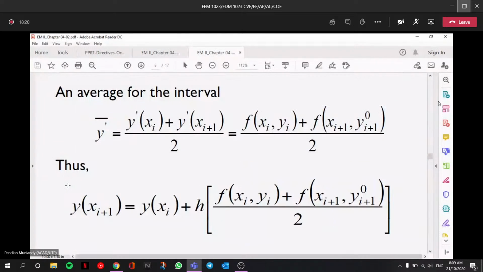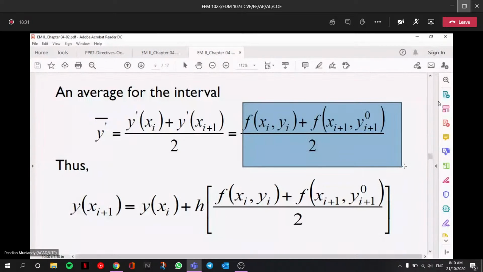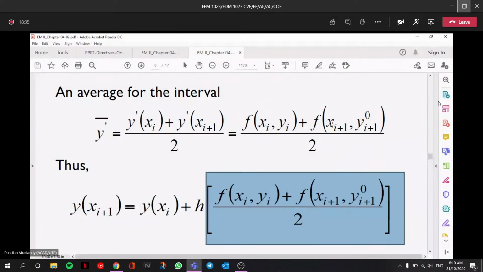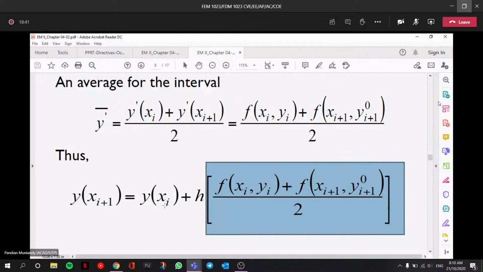So the final answer is y(x_{i+1}). This output equals y(x_i) plus h times this whole thing, which you plug inside here, because you know y(x_i), the previous one, and this is the next one.